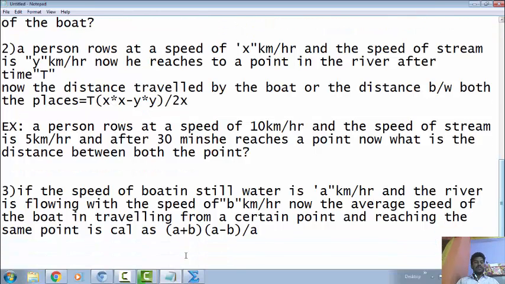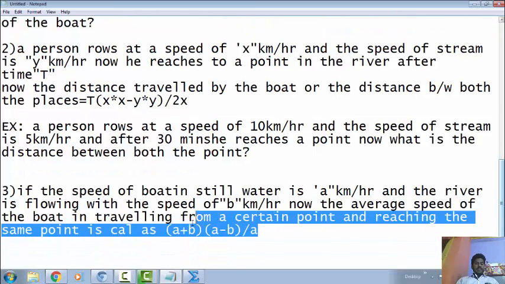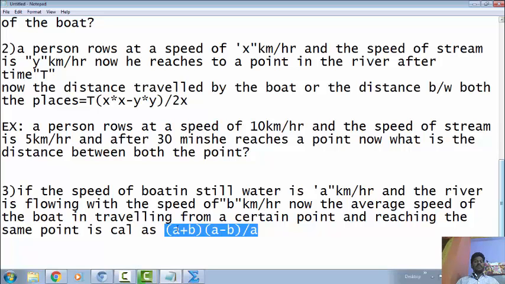This is one of the shortcut methods or formulas used in this case. When this sort of question arises, you can use this formula.